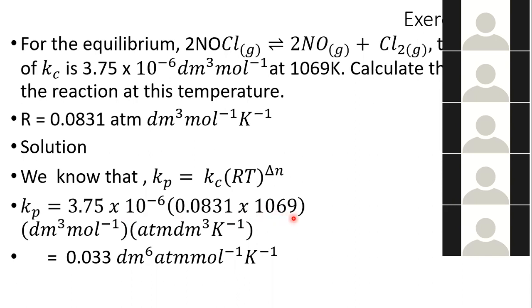So let me punch it again, 3.75 times 10 to the minus 6, all times 0.0831 times 1069. Okay, yeah. So I think I had an issue. So it should be 3.331 times 10 to the minus 4.